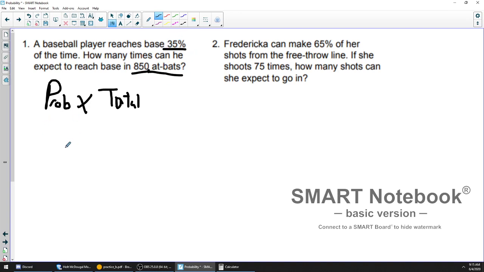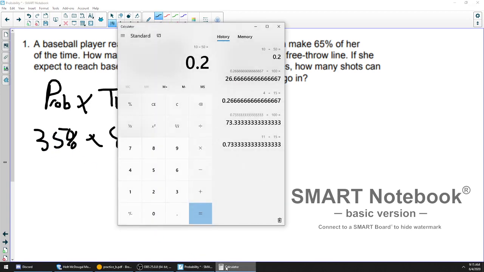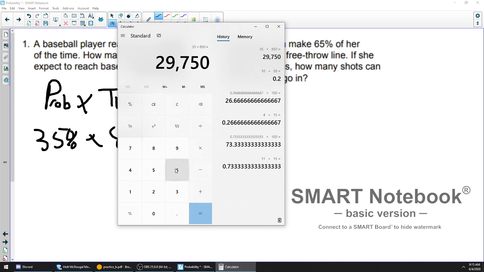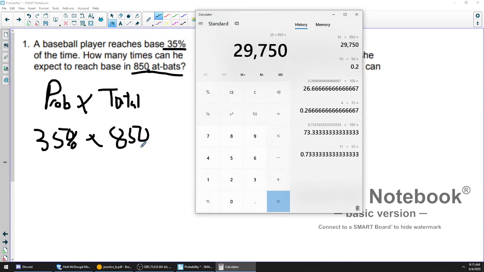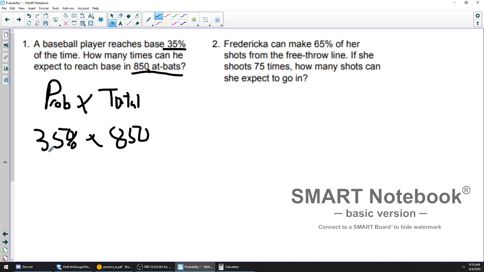So what's our probability? Well, lucky us, we know it's 35%. And how many times is he going to be at bat? 850. Now, unfortunately, I can't just do 35 times 850. That doesn't make sense. If he goes at bat for 850 times, he's going to hit it 29,000 times? No, that doesn't make sense. How can you be on base more than hitting the ball? So remember, we have to turn our percent into a decimal number.